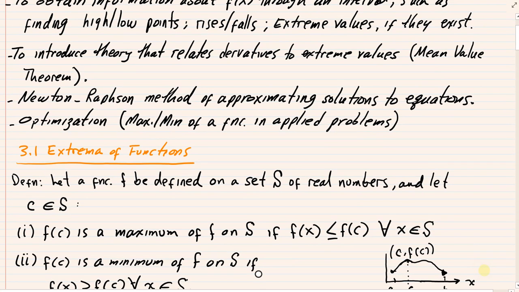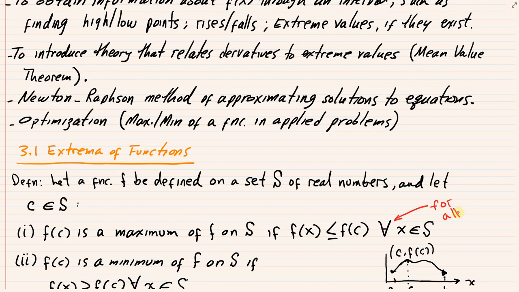Part 1 is the definition of a maximum of a function on that set S, and it's defined as: f at c is a maximum of f if f of x is less than or equal to f at c for all x in S. Again, the symbol that I have here is the universal quantifier. That means for all, or for every value of x inside of that set.